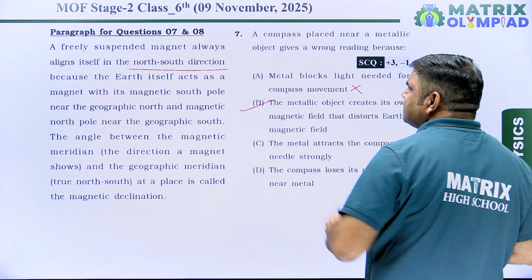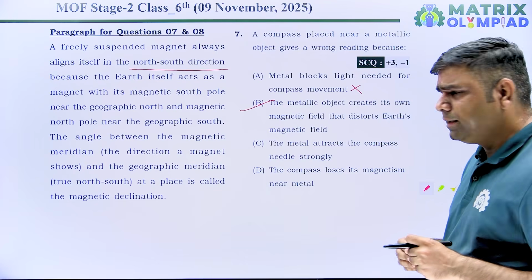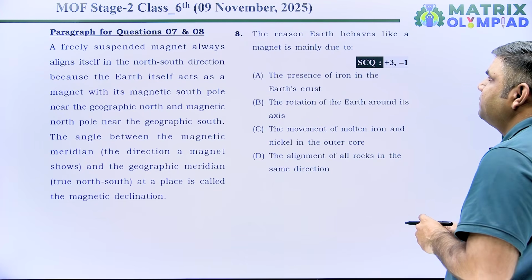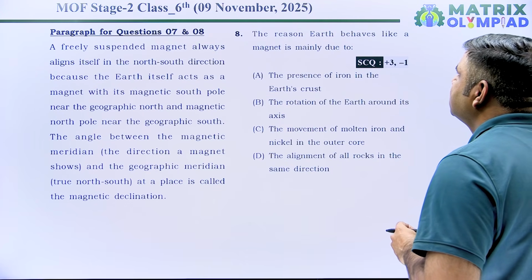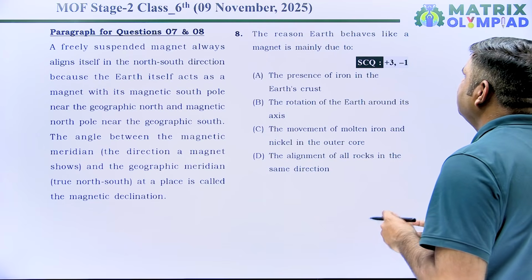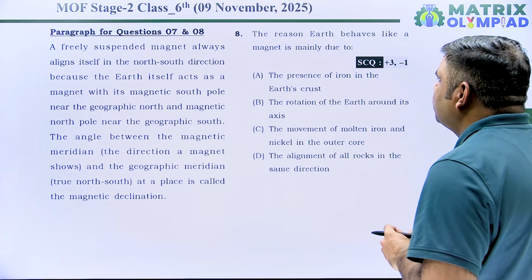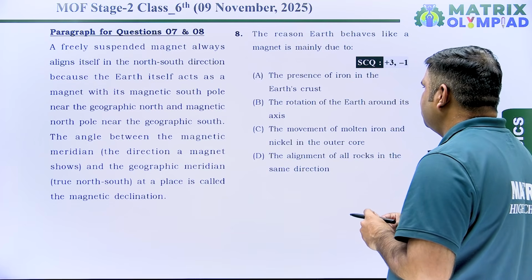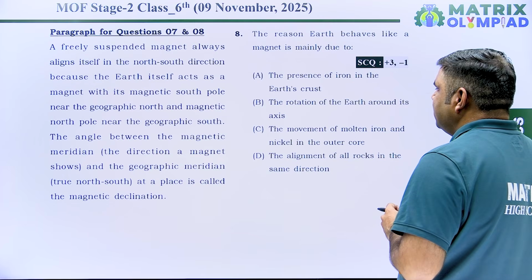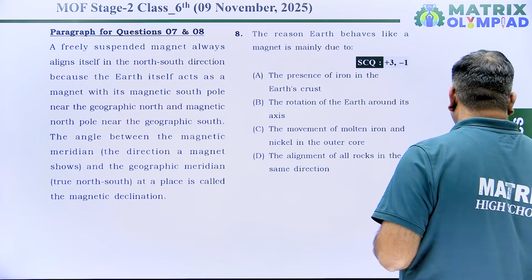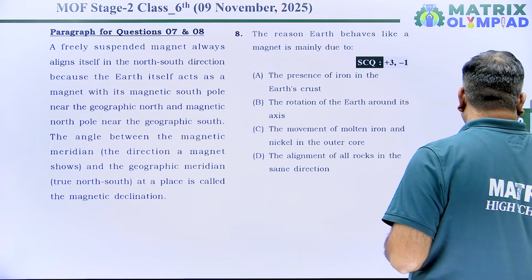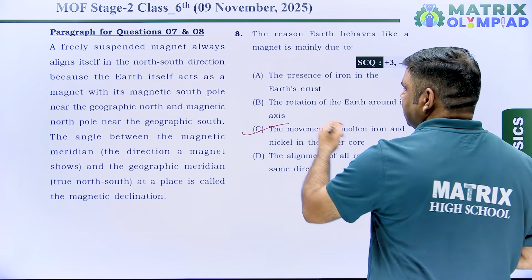Yes, because a compass is a small magnet. So question number 8: the reason Earth behaves like a magnet is mainly due to. The correct answer will be the movement of molten iron and nickel in the outer core. So the correct option will be option C for question number 8.